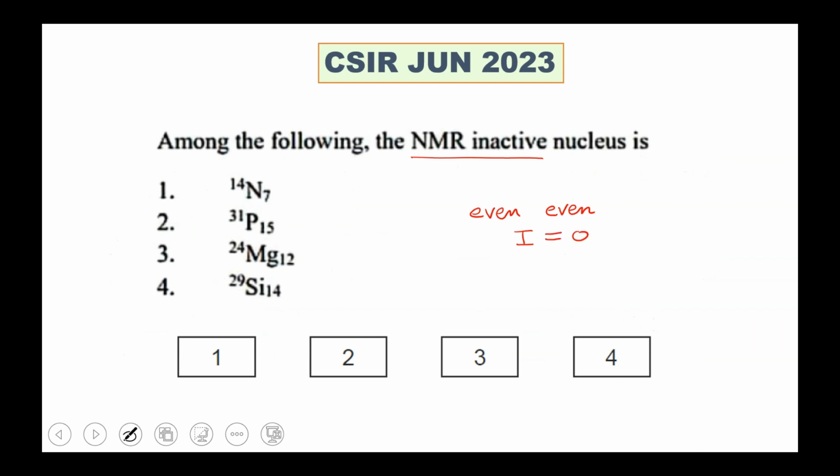And if I is equal to 0, mu will be equal to 0, and they will not respond to an external magnetic field. Therefore, they will be NMR inactive. So for I equal to 0, even-even, you can easily pick the answer. Option 3 is the answer. So either the number of protons or the number of neutrons should be odd in order to have NMR active nuclei. Very simple question, is it not?